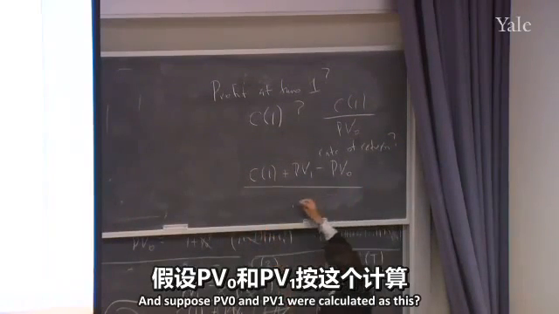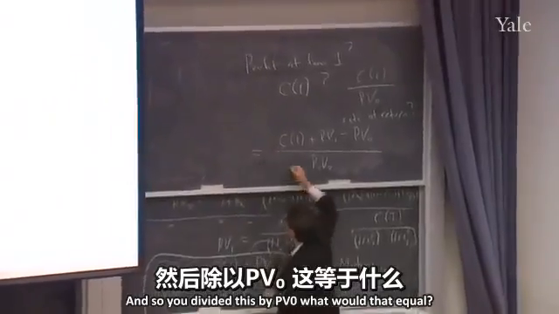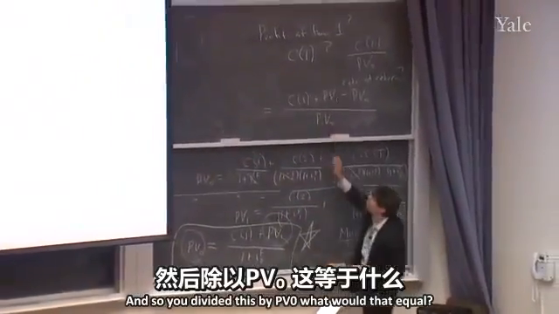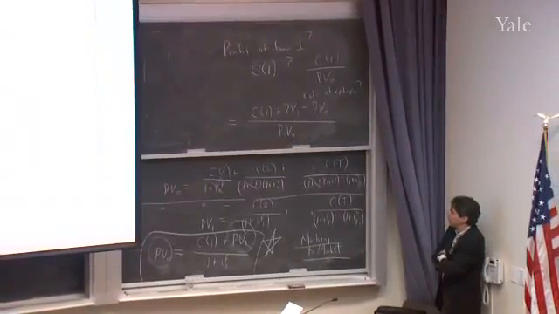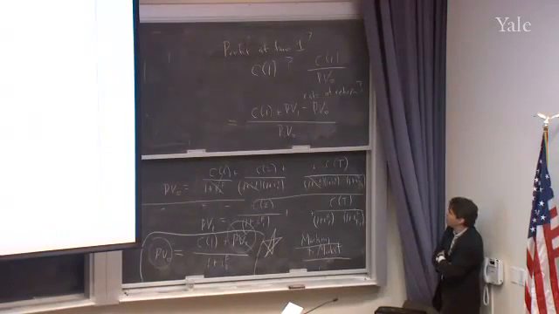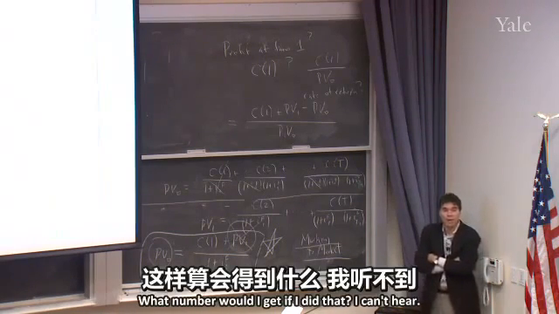Suppose PV0 and PV1 were calculated as this, and you divided this by PV0, what would that equal? What number would I get if I did that?